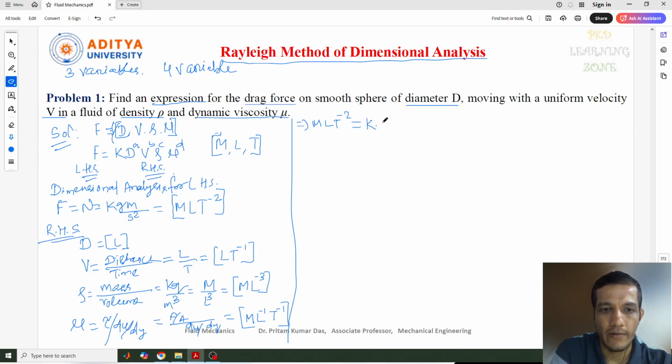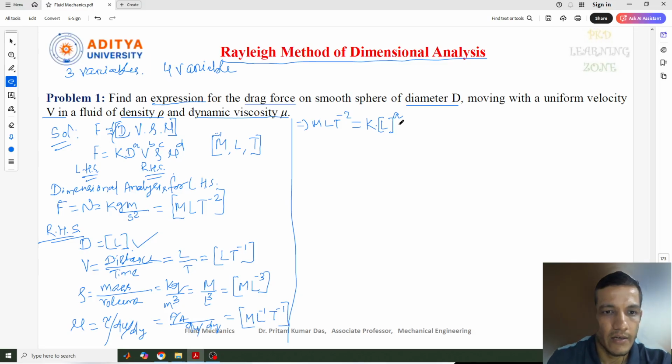So k into, first, d to the power a. We need to put the dimensional expression of d here, that is L in brackets to the power a, an arbitrary power factor. We can call this expression 1 and put all these values in equation 1, which will give a better understanding. Next is velocity, v to the power b.